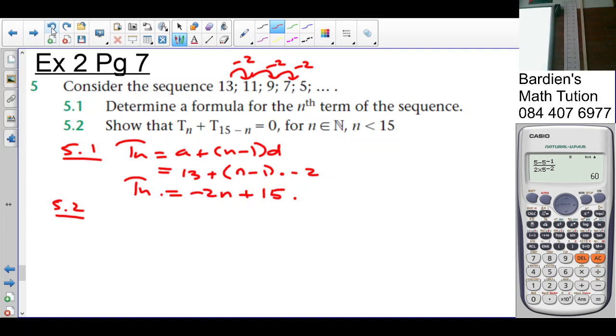So which side is more complex? The left hand side. Okay. So if you got Tn plus T15 minus n, what is Tn? So what I'm going to do is simplify the left hand side so much that you can get almost the right hand side, or you get the right hand side.